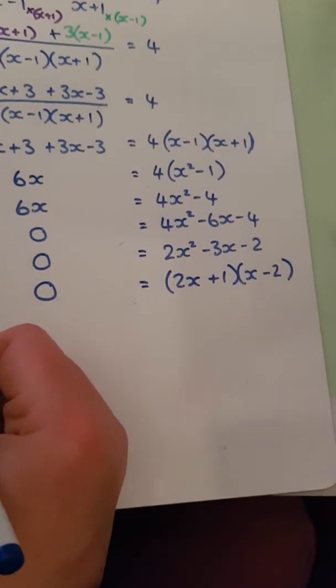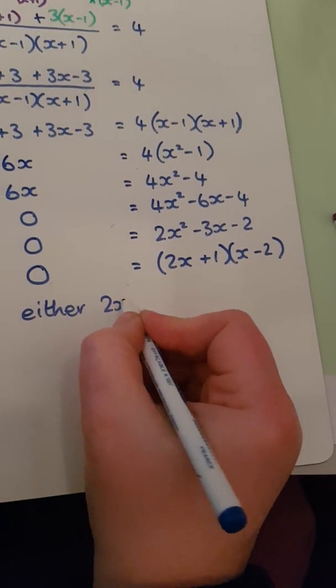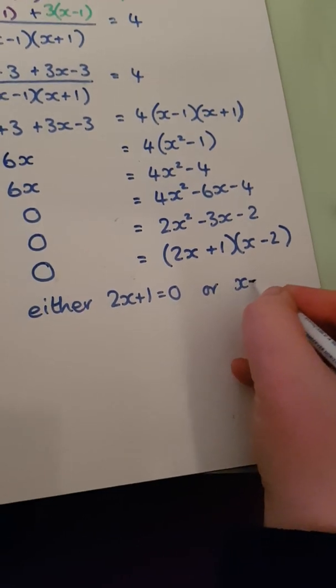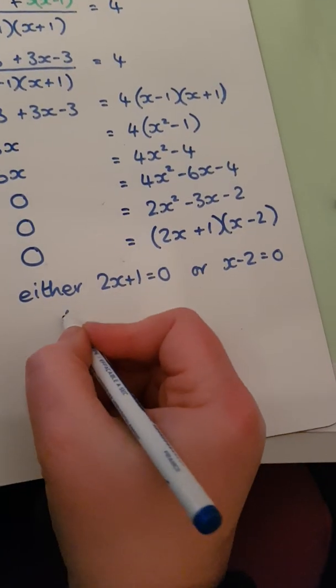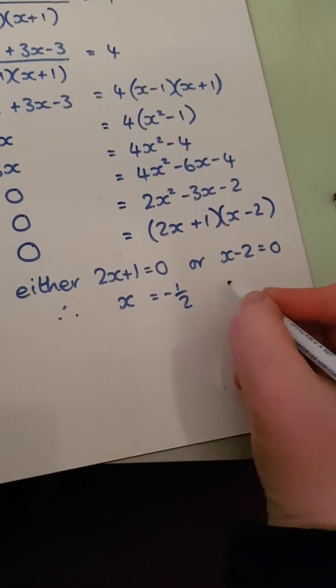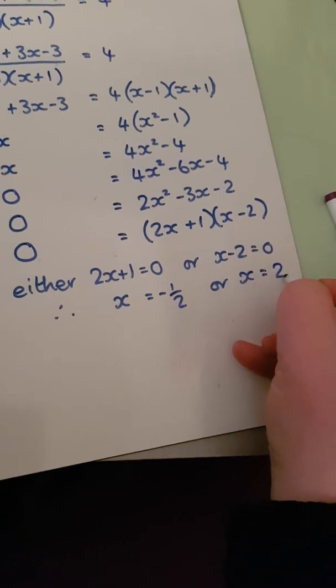So that gives me either 2x plus 1 equals 0 or x minus 2 equals 0, which gives me, if you rearrange it, x equals minus a half, or x equals 2.